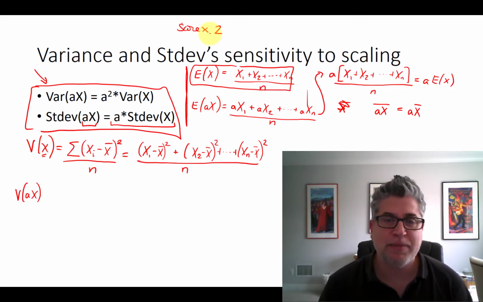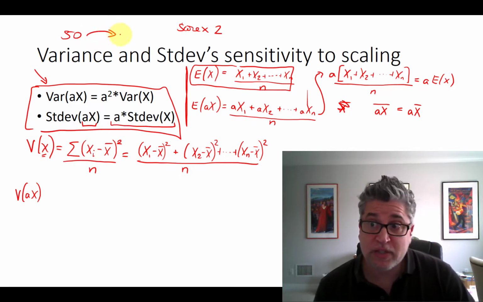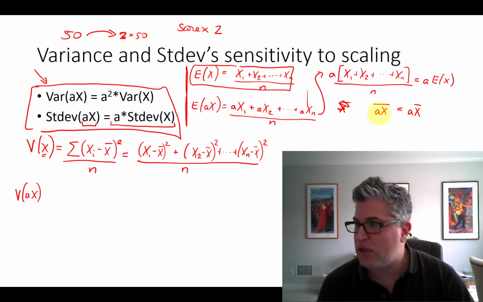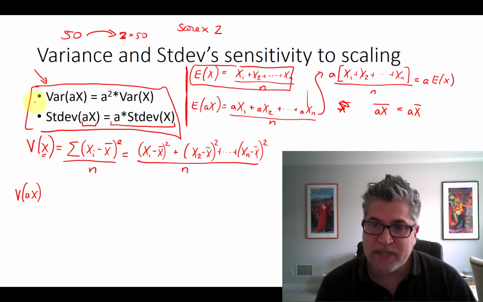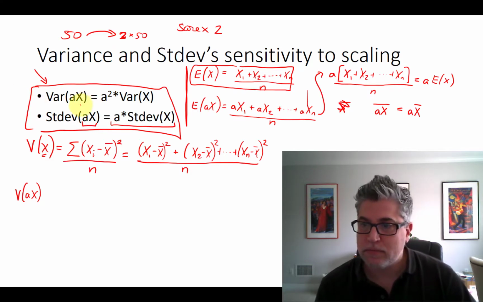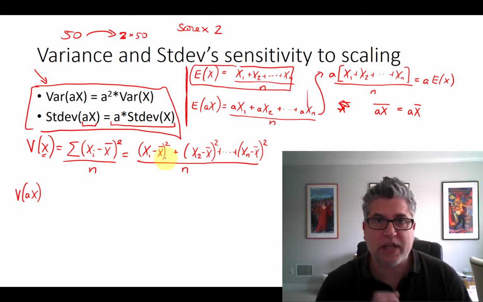Well, then what do you think is going to happen to the new average? The old average was 50. So now, after I multiply everybody's score by 2, my new average becomes 100. It's 2 times the old average. That's all I'm trying to get at here. When we're rescaling our x's, our averages just get rescaled exactly proportionately.